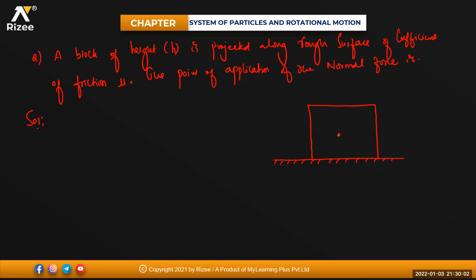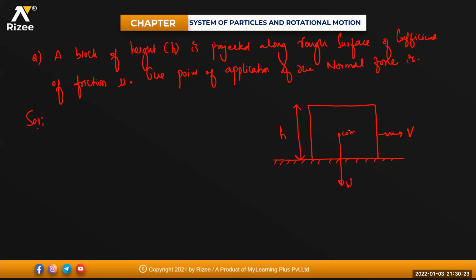This is the center of mass. The total weight of this body acts in the downward direction, and the body is moving in the front direction with velocity v. The height of this block is h, from here to here.